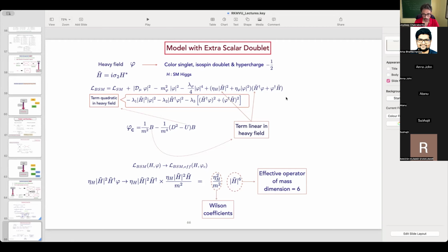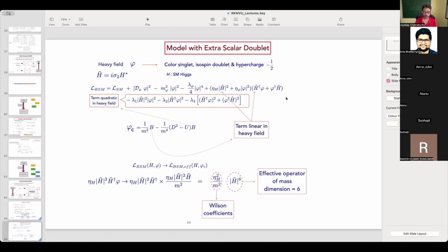That means effective operators were not there initially, so of course you don't need to renormalize them. They will always be finite, with no divergence associated with them. But they may have some IR divergences. When you perform matching, the IR divergence of the low energy effective field theory is still there, so in the matching the IR divergence will drop out.